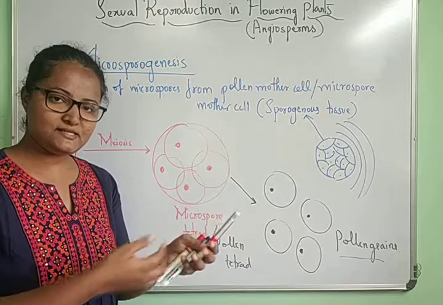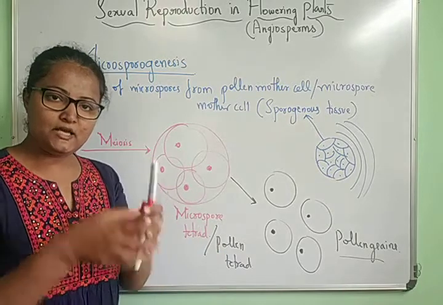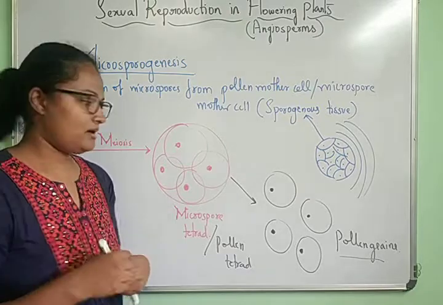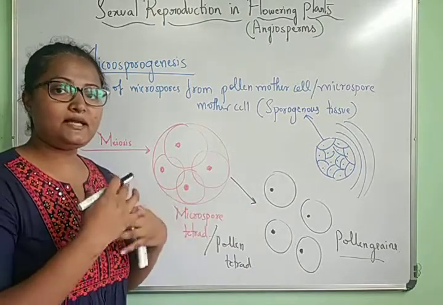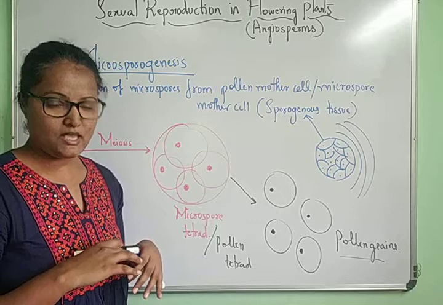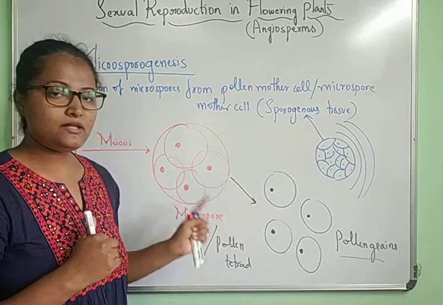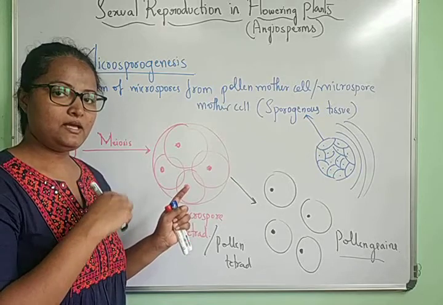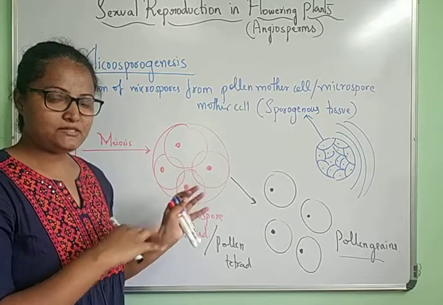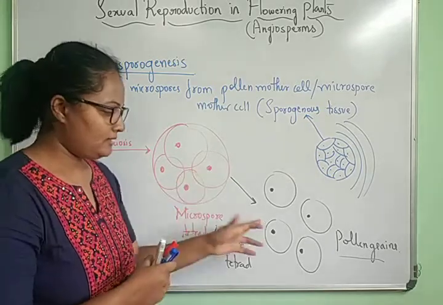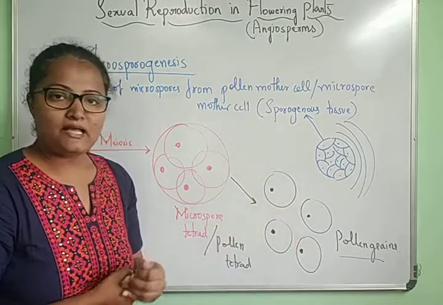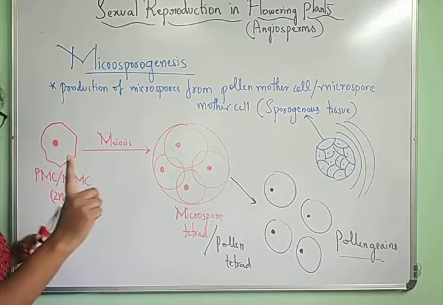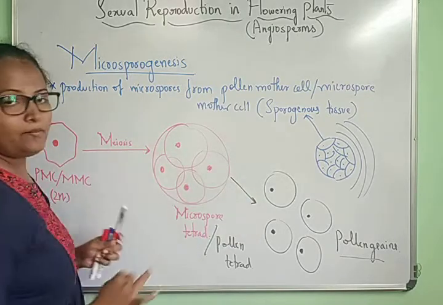They are placed compactly, so hence it is called microspore or pollen tetrad. After the anther gets dehydrated, the pollen grains within the pollen tetrad separate and form like this. So what is the fate of one pollen mother cell? 4 pollen grains.